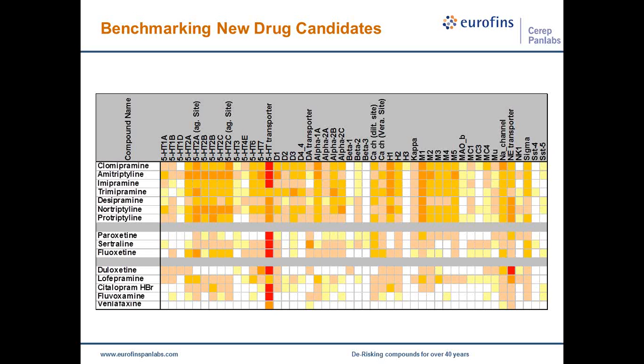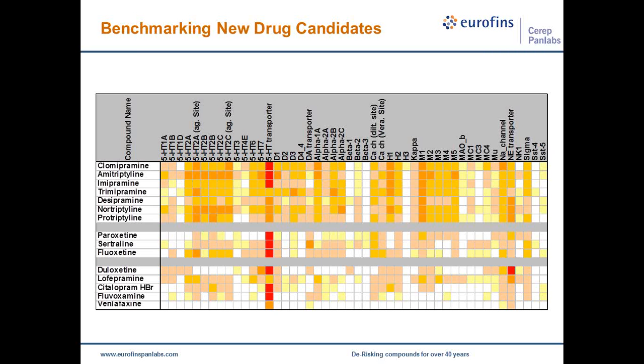The first group of drugs are largely tricyclic antidepressants, the first generation of antidepressants. You can see that their primary activity, or what's believed to be their primary activity, though it may not necessarily be true, is the 5-HT transporter and inhibition of that. But they have a lot of other profound activities across there. Those are very rich profiles with strong hits across a lot of targets that can be attributed to a lot of the fairly severe side effects of these compounds. These drugs were followed up with a second generation of very successful drugs: paroxetine, sertraline, and fluoxetine.